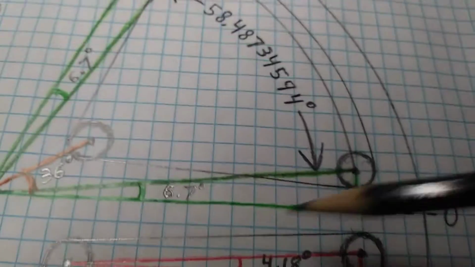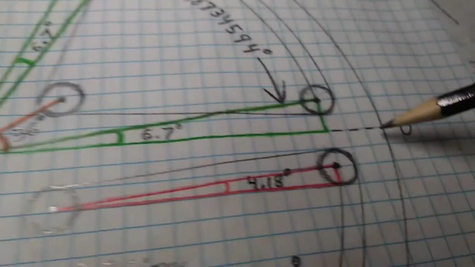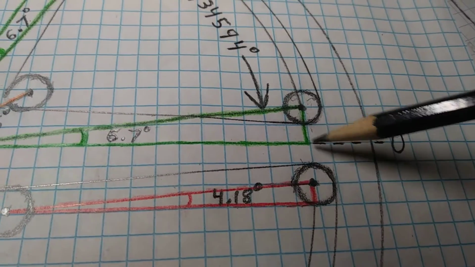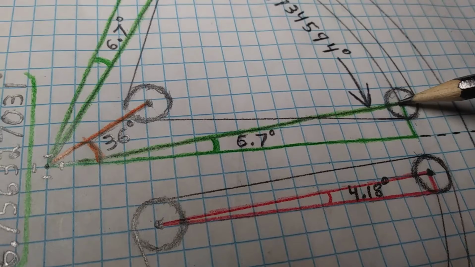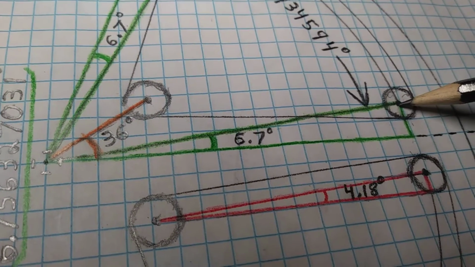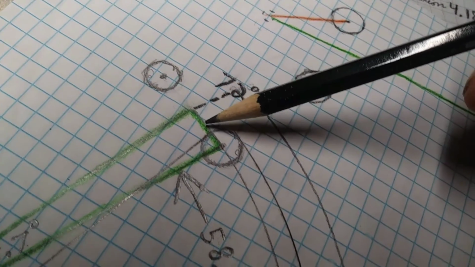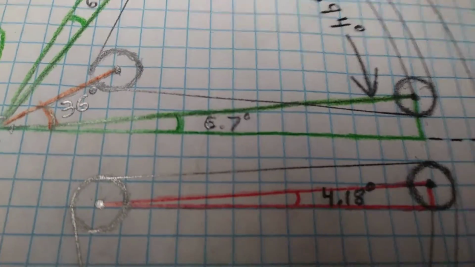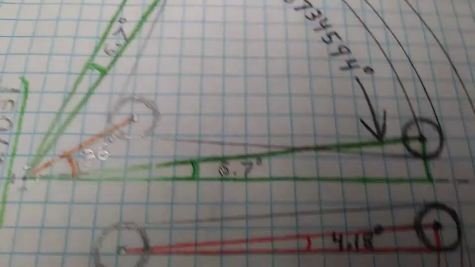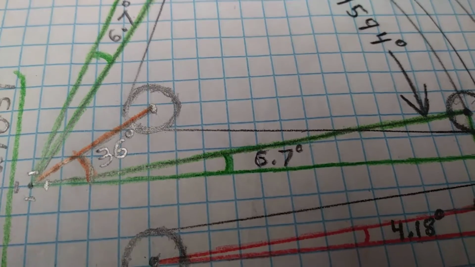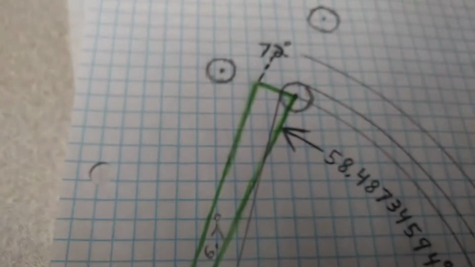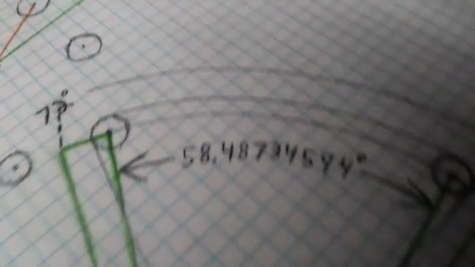So since we know that from 0 degrees we went 6.7 degrees, and then you would do the same here. From 72 degrees you'd come back towards 0, 6.7 degrees. So you just take the 6.7 degrees, multiply by 2, and you subtract that from the 72 degrees, and that's what you get.